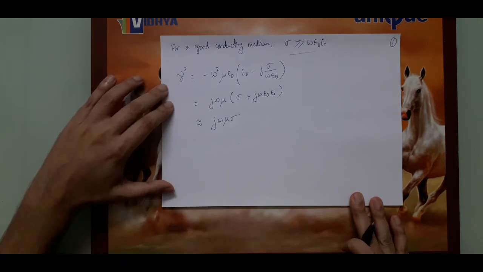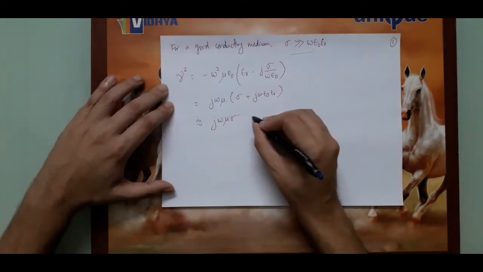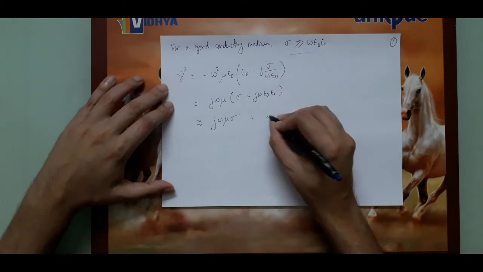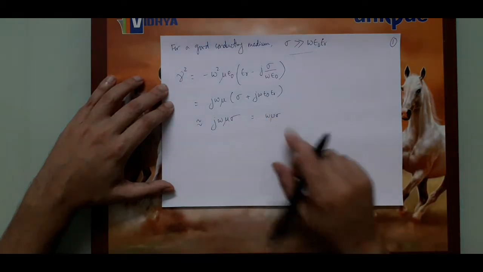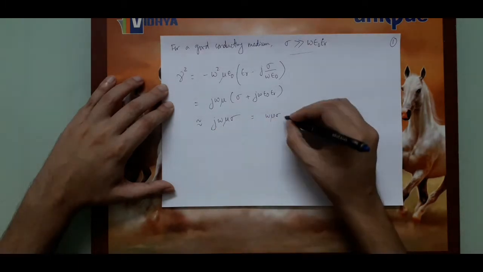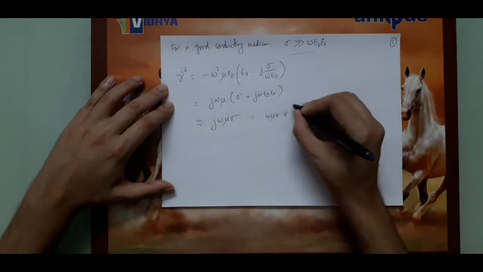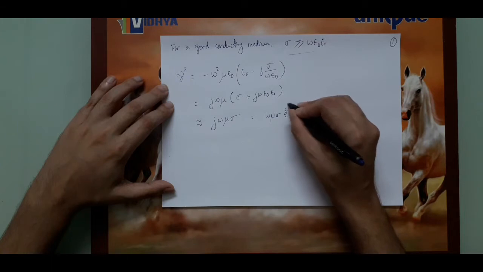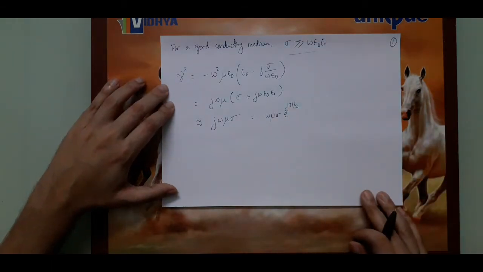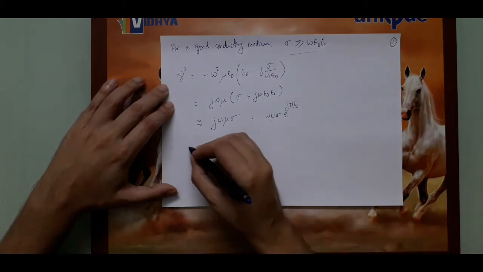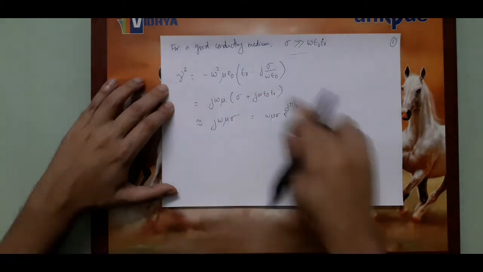So this we can write as omega mu sigma. These three are all real values, and j means the phase is pi by 2. So using Euler's identity, we can write e raised to j pi by 2. Now gamma square is this.